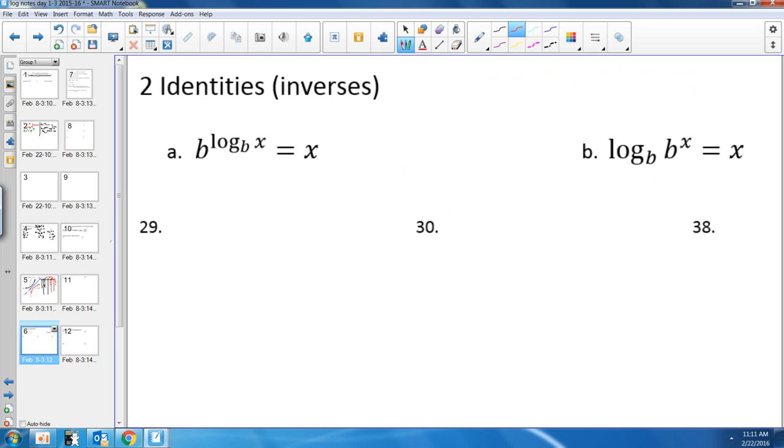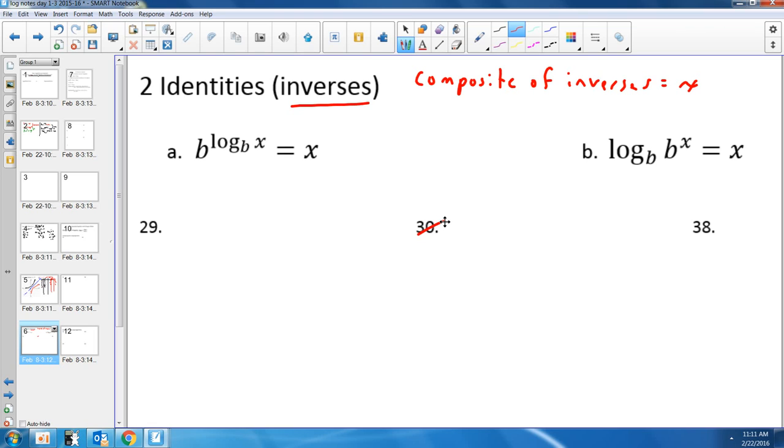Furthermore, a couple more points, and that's it. We're going to go ahead and just look at these identities. These identities are more complicated than what they are. I think if you think about them in terms of inverses, it makes a little bit more sense. And the idea is the composite of inverses is equal to x.